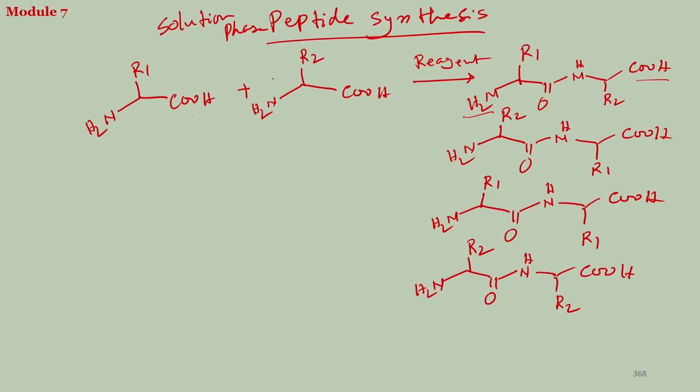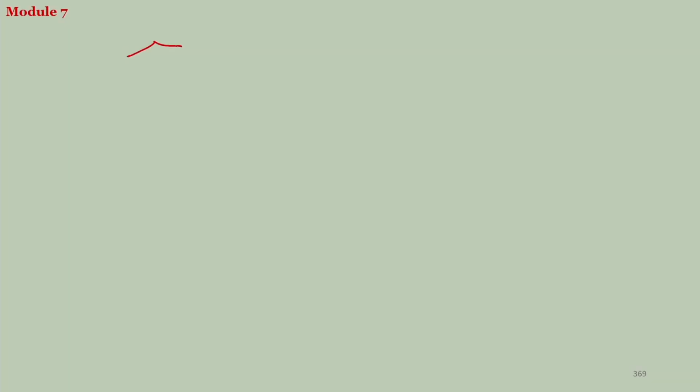Of course, the way out is to do selective protection. For example, if I want to have only R1, R2, this molecule, then I have to inactivate this amine and I have to inactivate this acid. So, selective protection of the amine group here, selective protection of the acid group here, and then mix them together with the reagent, you can expect to get your desired product. So, first, how to do the amine protection?